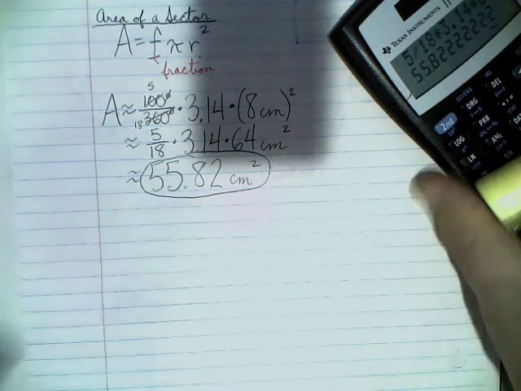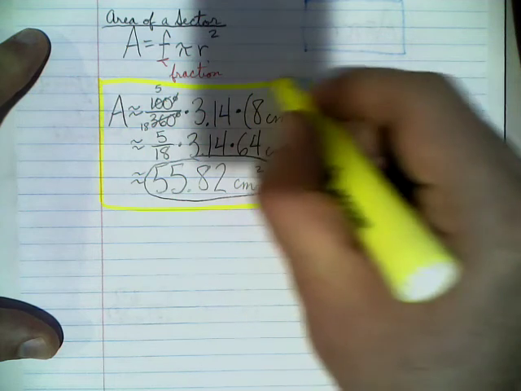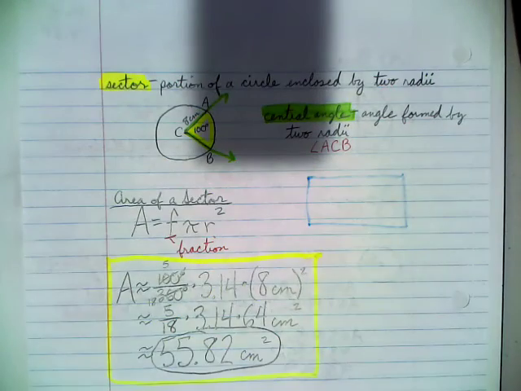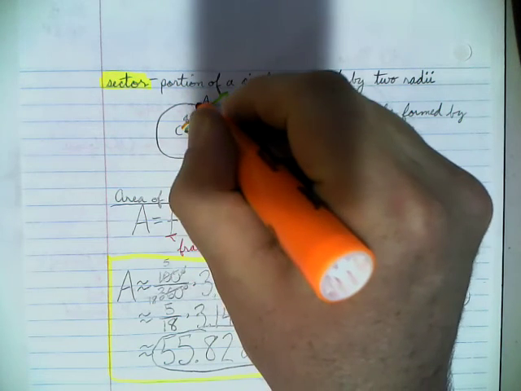Now that was the area of our yellow sector. So I'm going to ask you to grab your yellow and just put a box around that. Now I say that's the area of our yellow sector because now we're going to come back up here and I'm going to go this way.